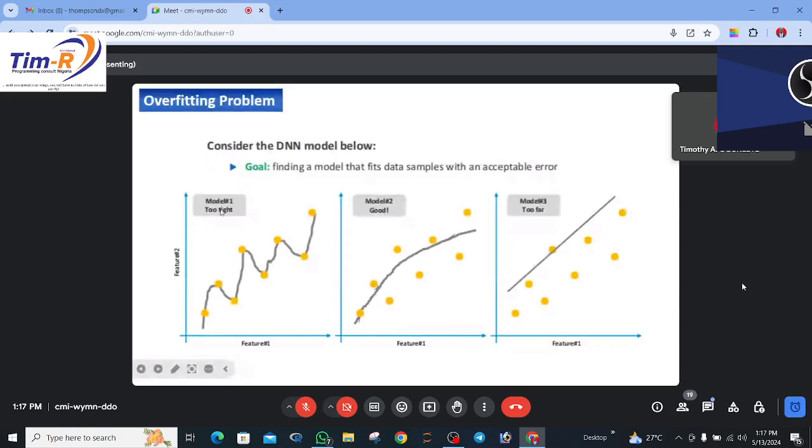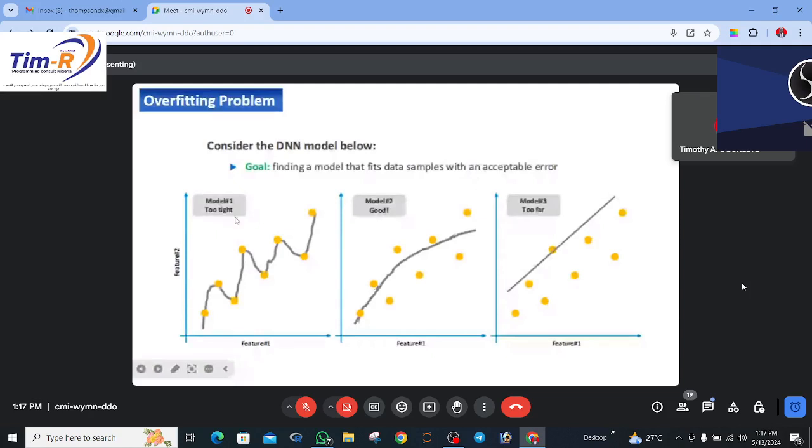So now we want to look at overfitting. What is overfitting when it comes to a deep learning model? We'll look at three scenarios. When we consider the deep neural network models below, we have the three. The goal is finding a model that fits data samples with an acceptable error.